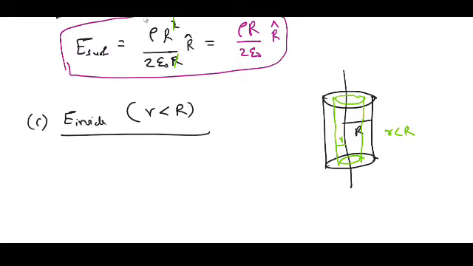But this is not a hollow cylinder. This is a solid cylinder. Therefore, the charges are uniformly distributed inside the volume also. But you have to be very careful. To find out the electric field inside the uniformly charged solid cylinder, the integral of E inside dot dA is equal to Q enclosed by the Gaussian surface divided by epsilon 0.